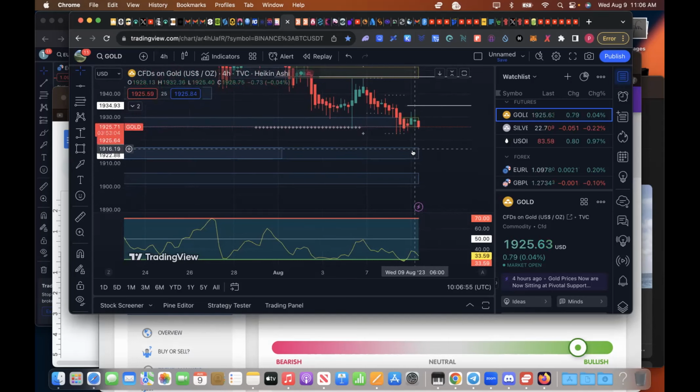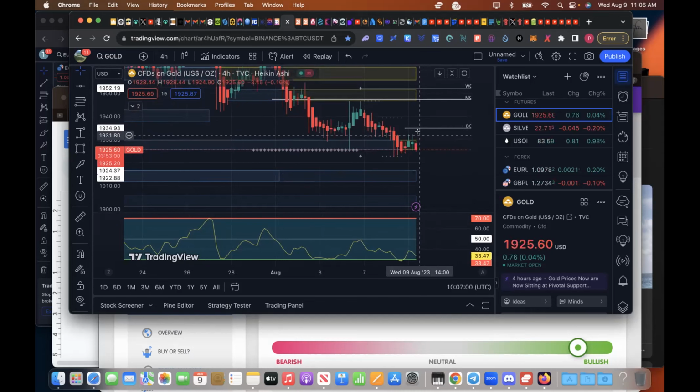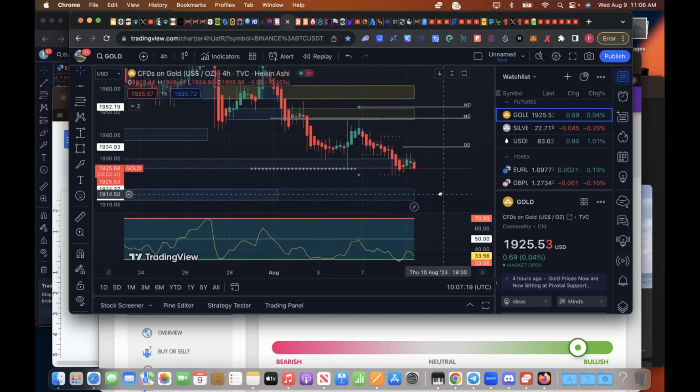If you get to 1916 or 1905, you may get a crazy bounce. You can see 1934 is where we're supposed to take the next move. Oh man, we lost it. But that doesn't mean it cannot still move up to maybe 1930 and then crash down, right?